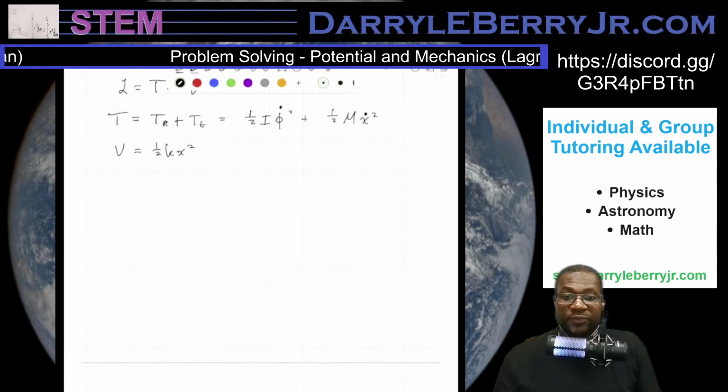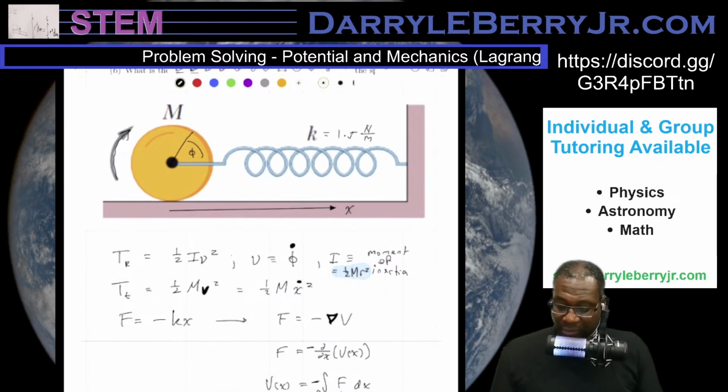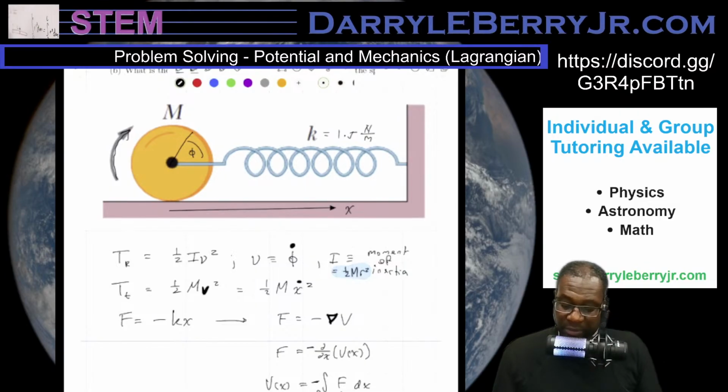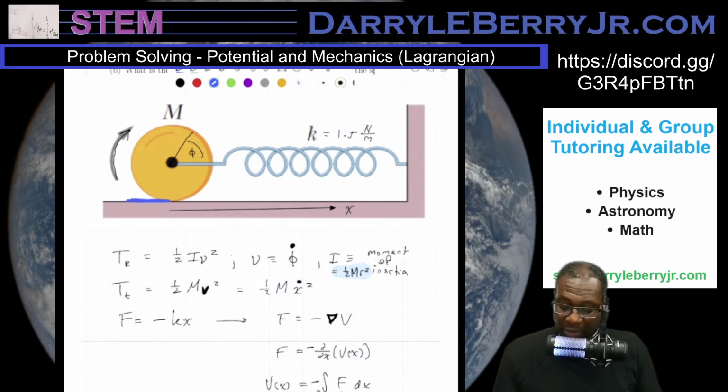And a constraint that we could apply to this situation, since we're using the Lagrangian, is that as this thing rolls, phi will relate to x. So in other words, the distance that it rolled along the ground will be related to the distance here.